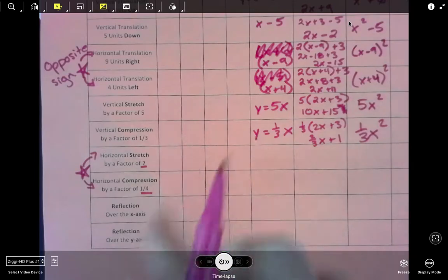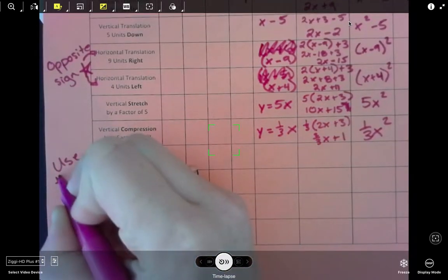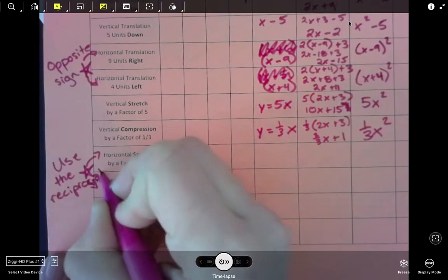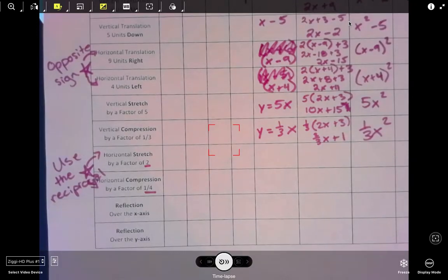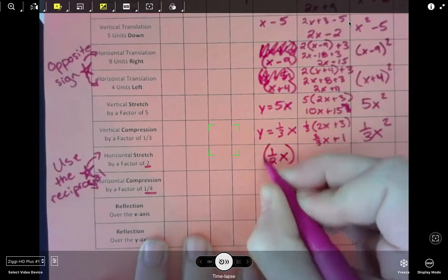Horizontal translation, opposite sign. Horizontal stretch and compression, you use the reciprocal. Ugh. Use the reciprocal. So if we are doing a horizontal stretch by a factor of 2, what's the reciprocal of 2? 1/2. And I put the 1/2 inside of parentheses.